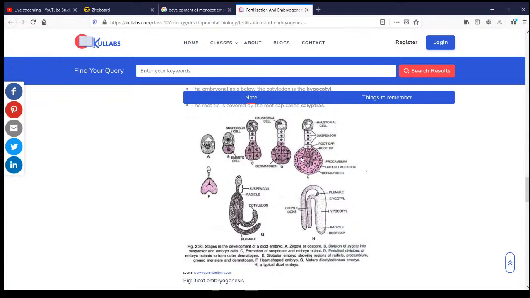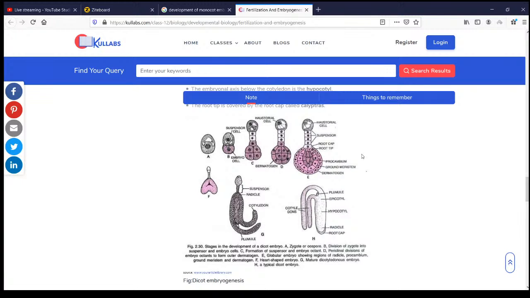As a result of the periclinal division, the dermatogen is completely formed. I told you the layers will differentiate if you go for periclinal division.